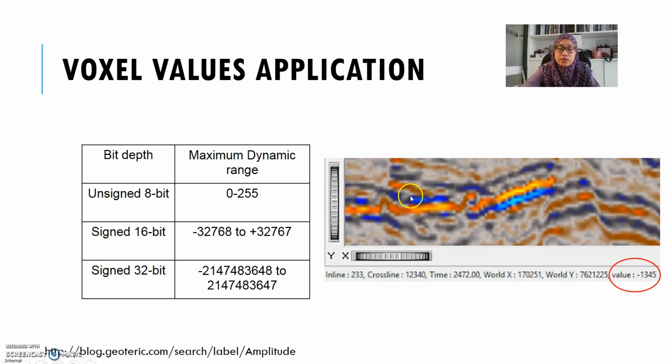You can see here the bit depths: unsigned 8-bit, signed 16-bit, and signed 32-bit, where the maximum range of data that can fit in one of the voxels is from these values only. If you have a better computer system, and nowadays we have 64 bits, you have more dynamic range of data that can be stored.